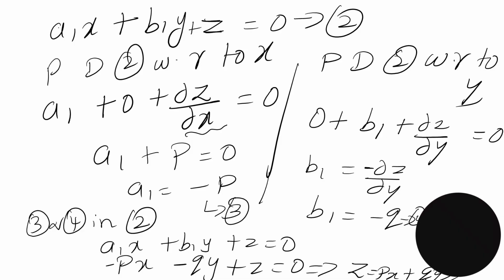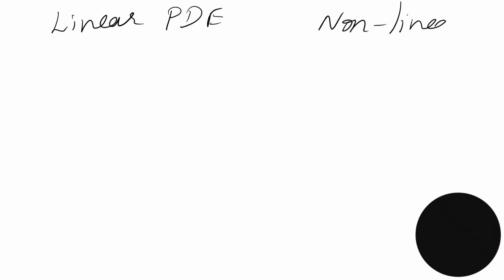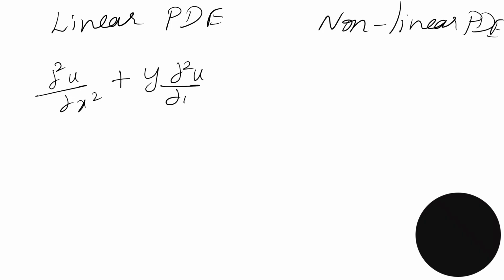So next, some small examples of linear PDE and nonlinear PDE, just for revision. This equation, dou square u by dou x square plus y dou square u by dou y square equal to 0, is a linear equation.